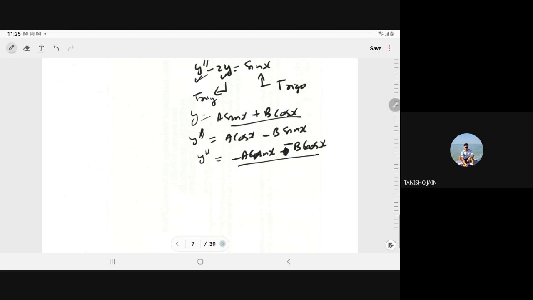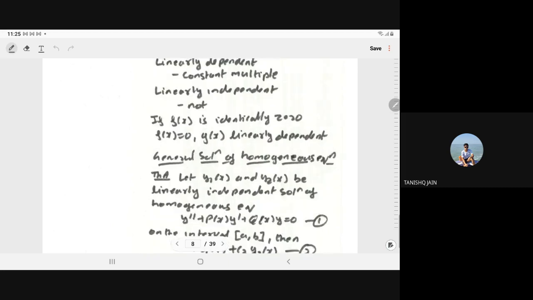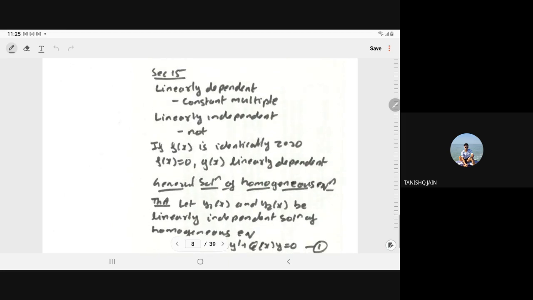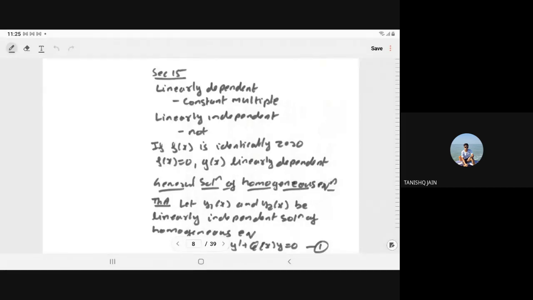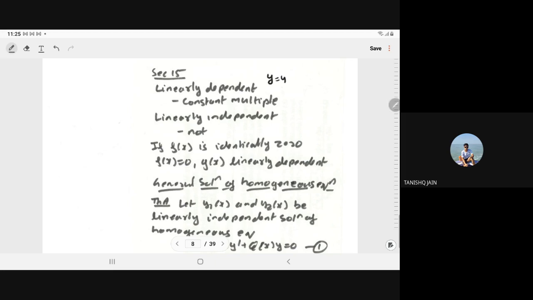So just depending on the right hand side, what can be the left hand side, that you have to recognize. But we have the well known method with which we will determine the solution. The main thing is you have to write the solution in the form y is equal to c1 y1 plus c2 y2 plus yp(x).